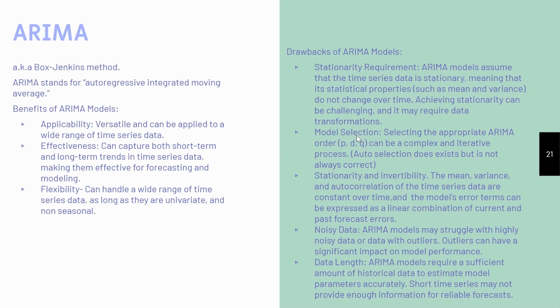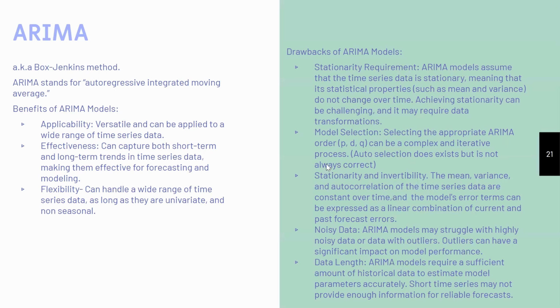It could be a little tough to do model selection because you need to run various tests to pick out the exact values of these. And like I said, the auto selection in R, and I'm sure in Python, is not always the best, which makes it not as friendly and harder to use.